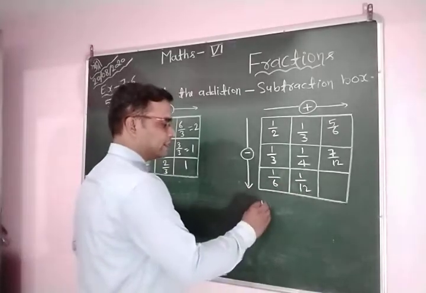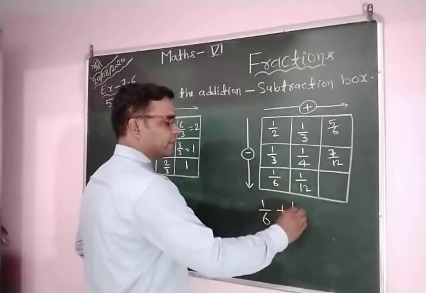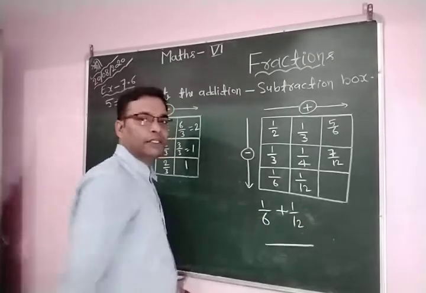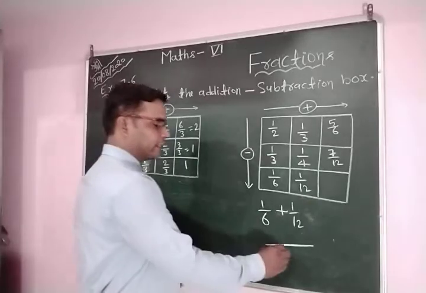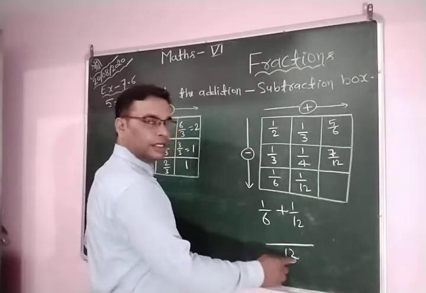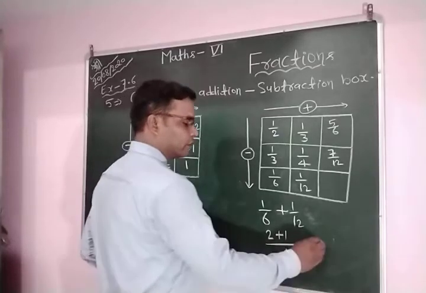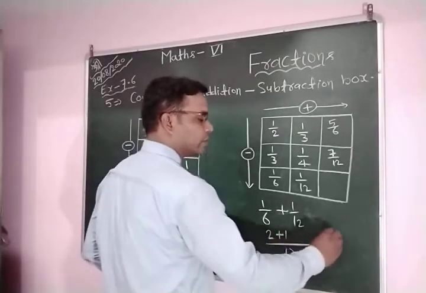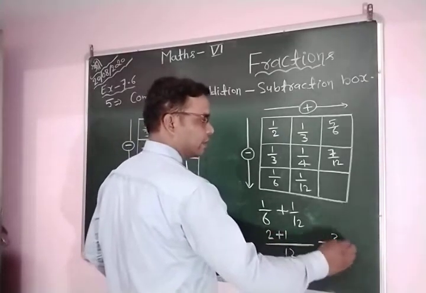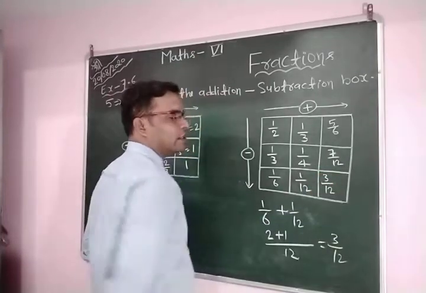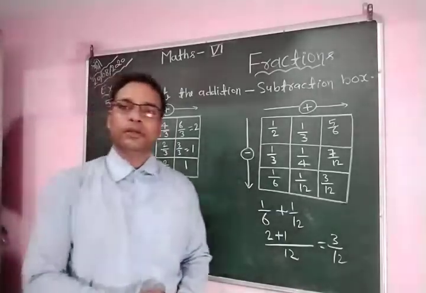Here you can say 12 is a multiple of 6, so you can write here 12; 6 times 2 is 12, 2 into 1 is 2, plus 1, this is equal to 3 by 12. You can write here 3 by 12. If you simplify it, you obtain 1 by 4.